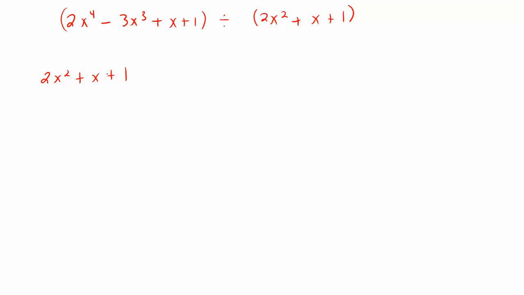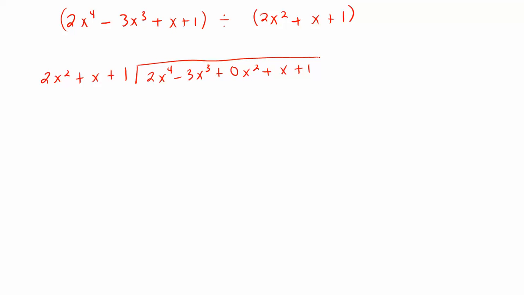I have x squared, x to the first, and no x's, so I'm good. My dividend, 2x to the fourth minus 3x to the third. I'm missing an x squared, so I'm going to add in a 0x squared plus x to the first plus 1.